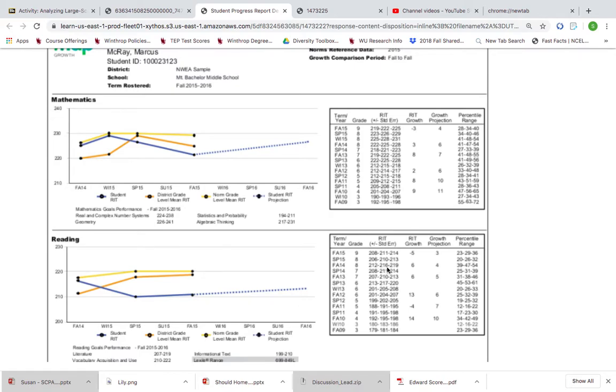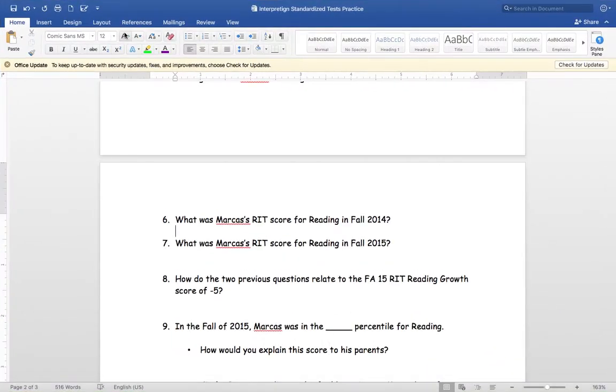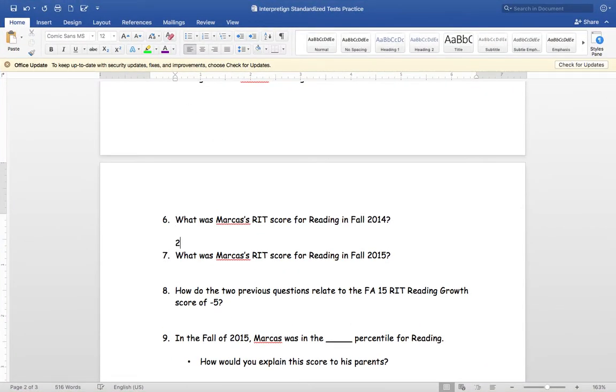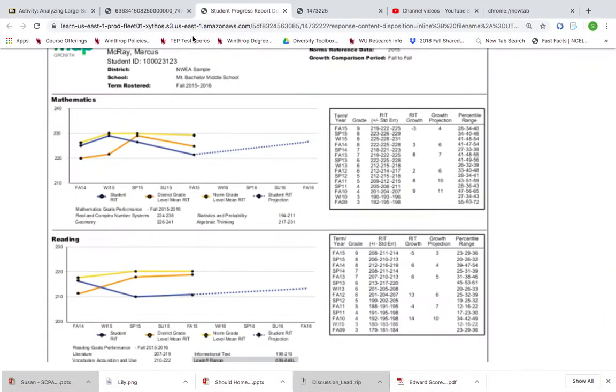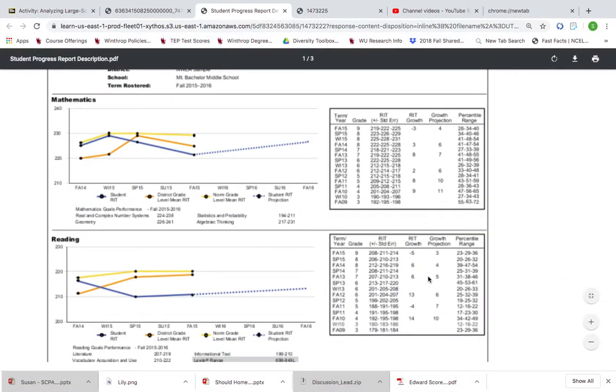So he earned a 216 in the fall of 2014, but then he actually went down to a 210, all right? So let's try to figure out what's going on with that. So 2014, he had a 216. 2015, he had a 210. Okay, so from 216 to 210.